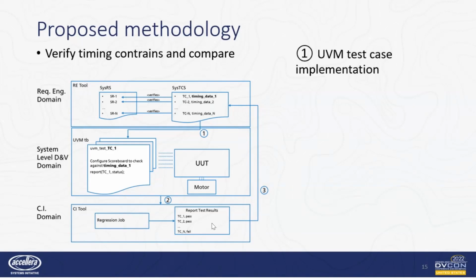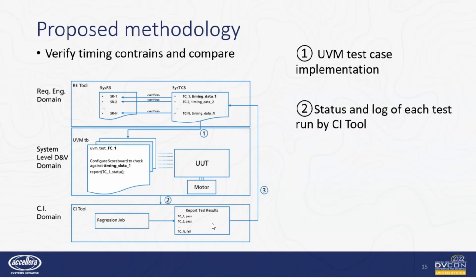This information is included in each UVM test case implementation. Here, the UVM test bench runs over the virtual prototype developed. Also, the test suite can be triggered from a continuous integration tool, which reads the status of each test run.